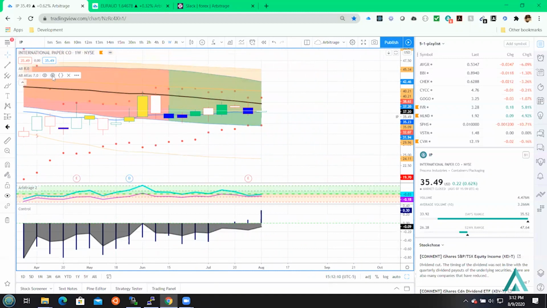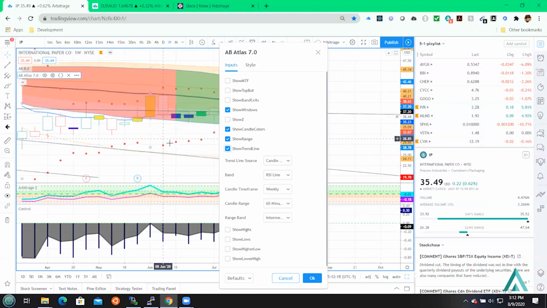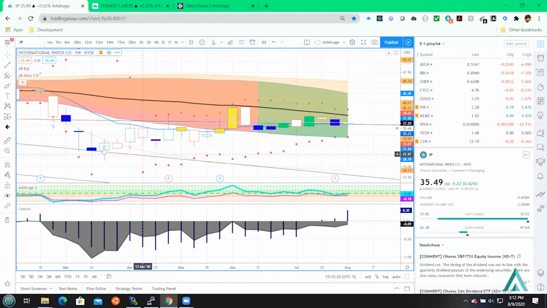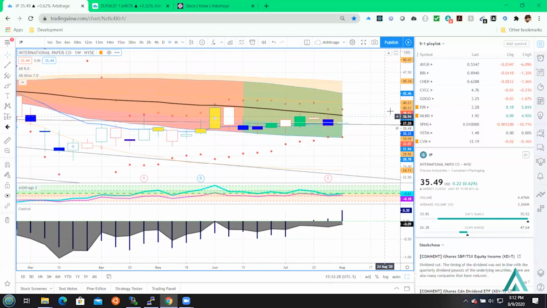Trend lines have also been tightened up to take advantage of the ranges as well. So everything is starting to come together very nicely to let us see where all of our points of turnaround are, so that we don't miss anything and we don't leave anything on the table.